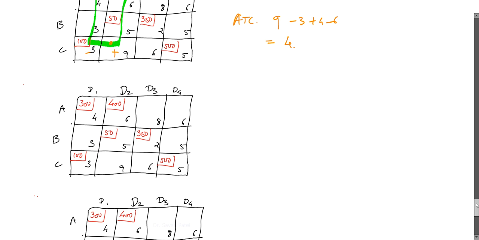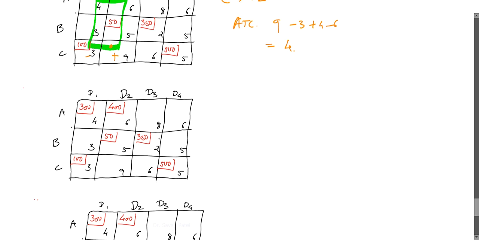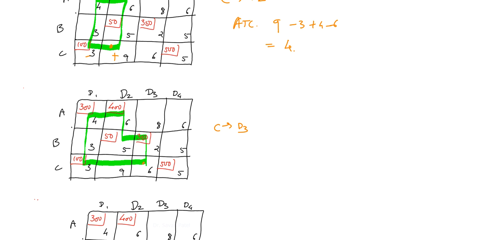So let's move towards the last situation, that is C to D3. In that case, the loop is from here. Again, if I go here, I will not be able to go anywhere else. So I am going towards here, here, here, here, here, and come back. So here we have plus, minus, plus, minus, plus, and minus.